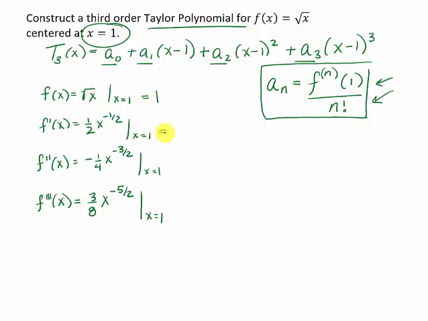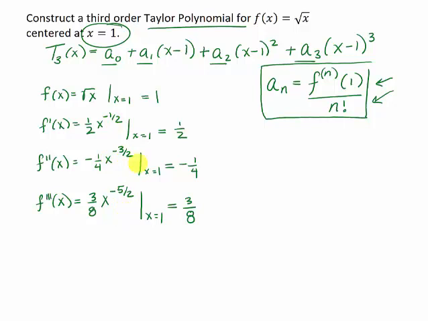F prime evaluated at 1 is going to be 1/2. F double prime evaluated at 1 is negative 1/4. And the third derivative evaluated at 1 is 3/8. It's kind of nice that we're evaluating at 1 because it doesn't matter what the exponent is. That x to whatever exponent will always be 1. So we get a little lucky there.